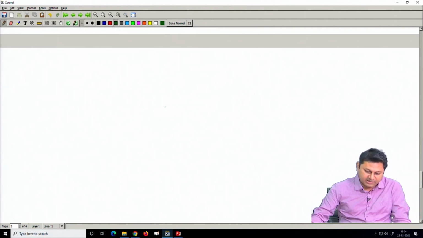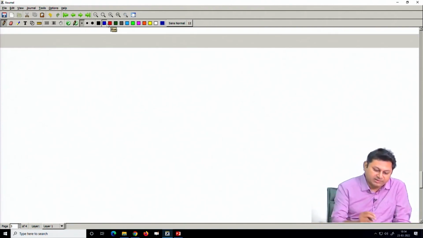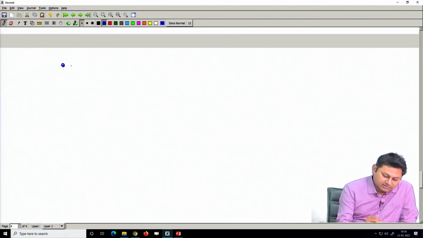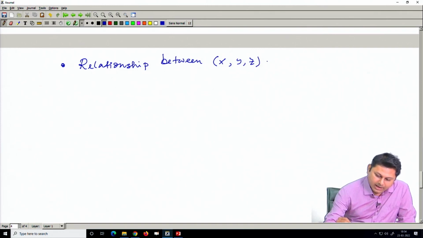Okay, before concluding the class, let me at least write the transformation, the relation between x, y, z and rho, phi, z, because that is related to this. What is the relation?